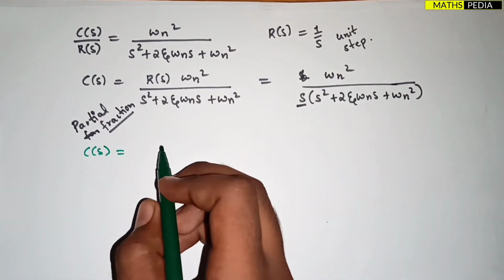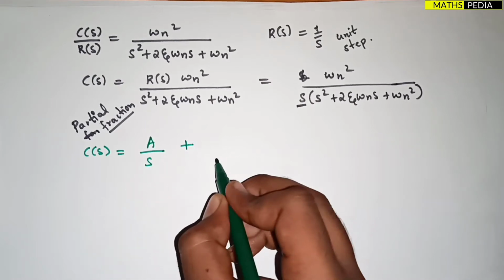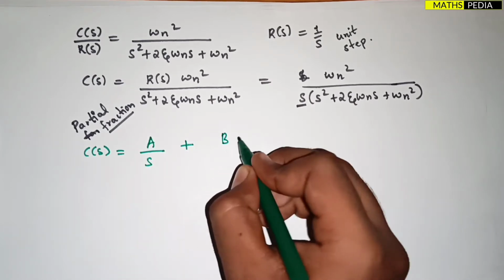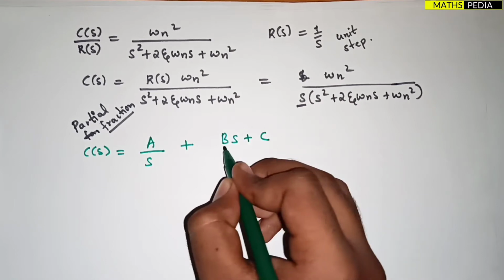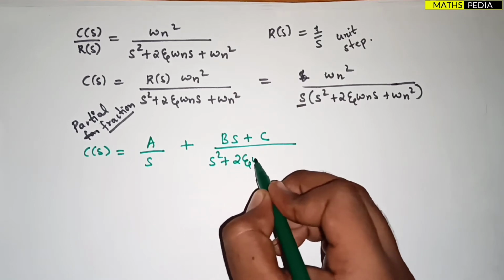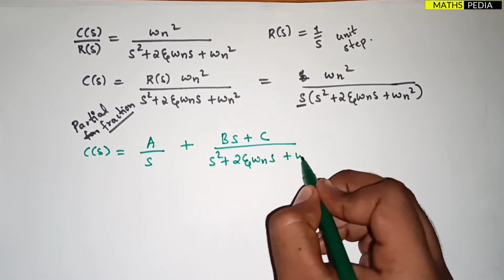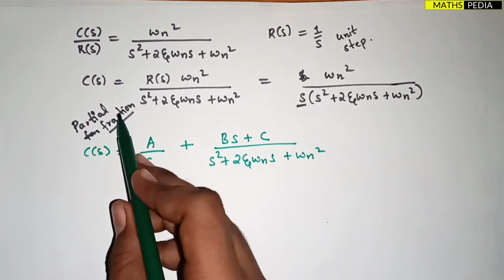So I'll consider it as A by s plus B s plus C divided by s square plus 2 zeta omega n s plus omega n square. So basically I am splitting it up using the partial fraction method.